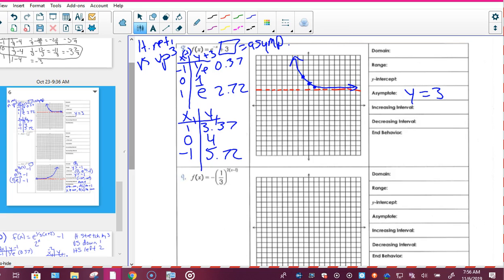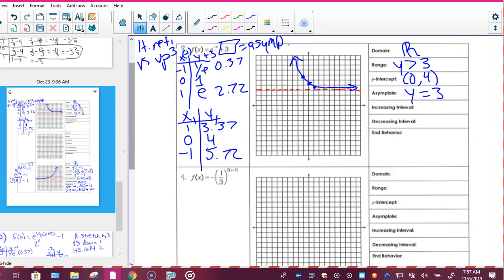So this looks like it's decaying, but it was really reflected over the y-axis. Our domain for this is what? Still all real numbers. Our range for this? Everything greater than 3. We were given our y-intercept in our table, so 0, 4.